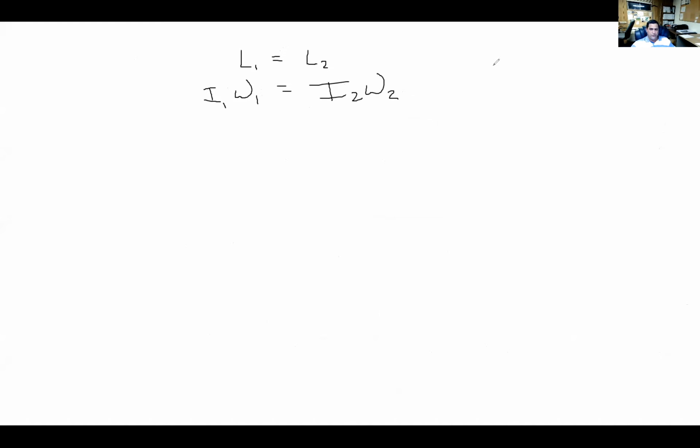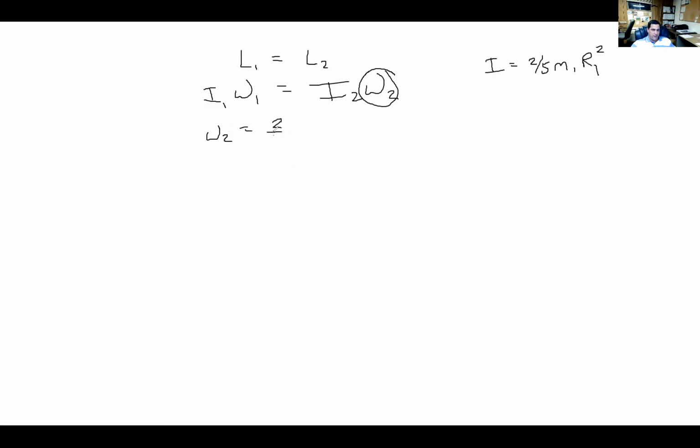Okay. So for a sphere, the moment of inertia of a sphere is 2/5 m1 r1 squared. Okay. So I'm going to solve for W2, or angular velocity 2.